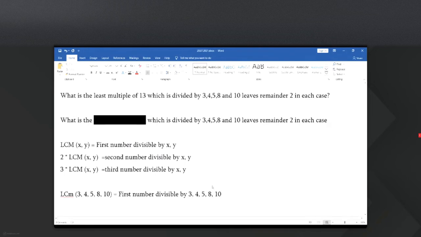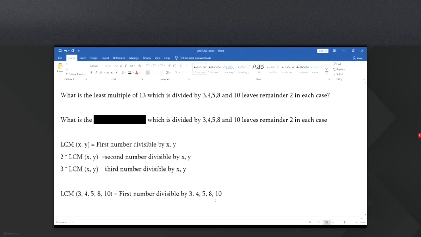So this will give me the first number divisible by all these numbers. Can you please tell me the answer? What is the first number divisible by all the numbers?